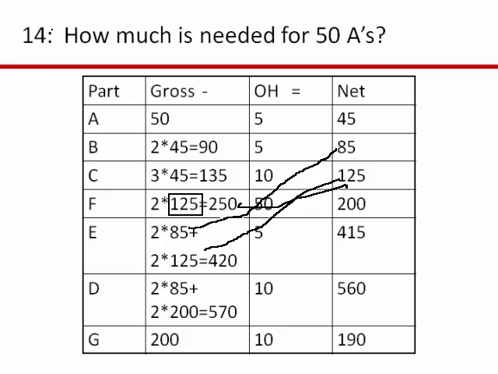And again, you keep going along and continuing along this. The whole idea is you work from level 0, then you go down to level 1, then you go down to level 2. And you always look at how many children per parent are needed, multiply that by the net of the parent, and deduct the on hand to get the net of the child.